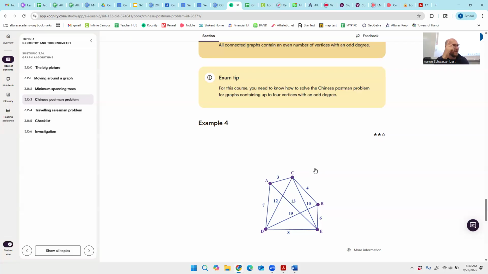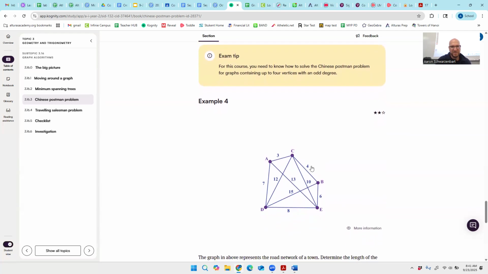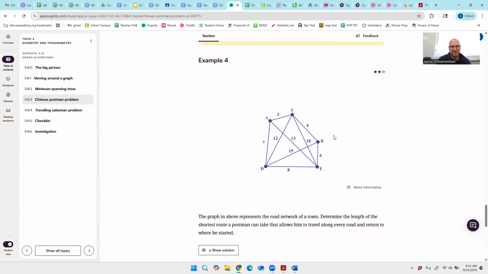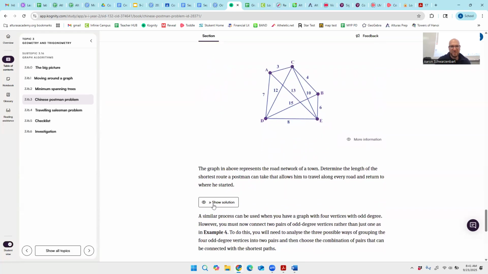We could just go around any of them because we'll have that Eulerian circuit. This one, well, this one we hit every edge too without any repeats, right? Determine the length of the shortest route.